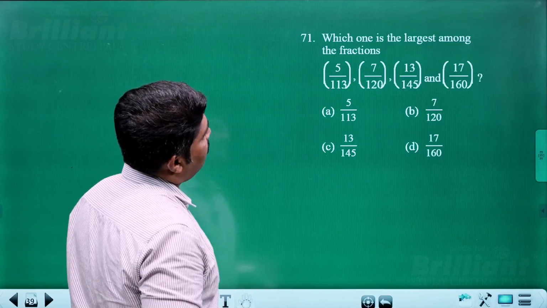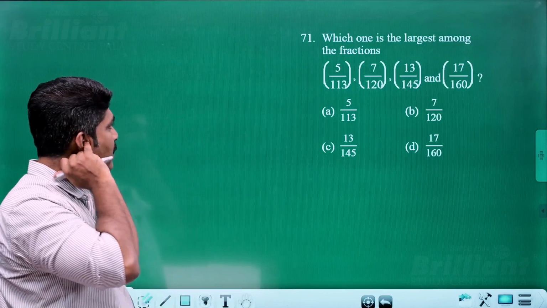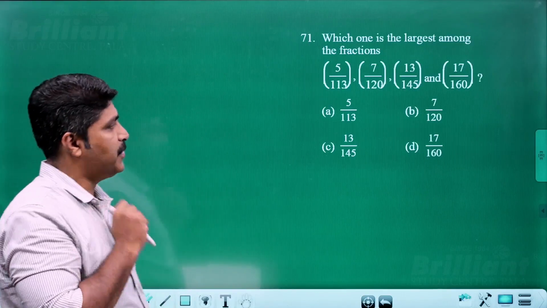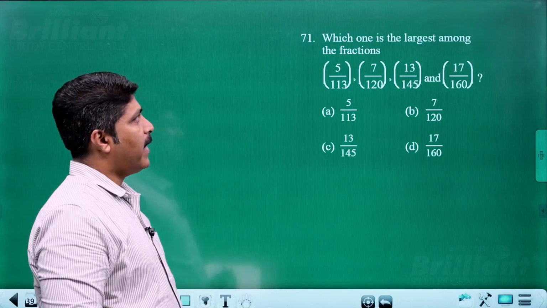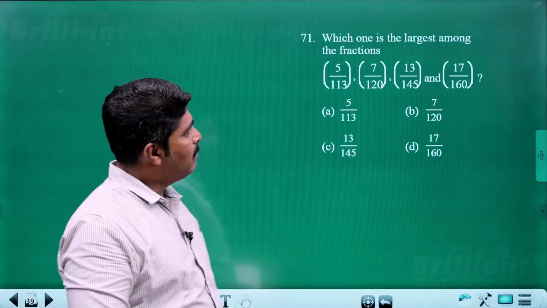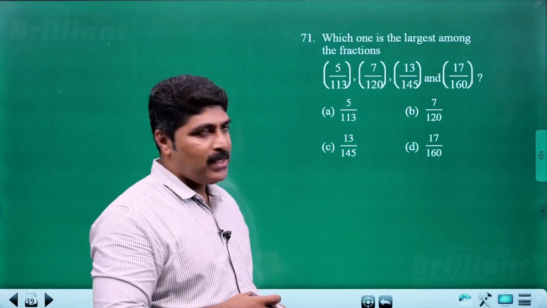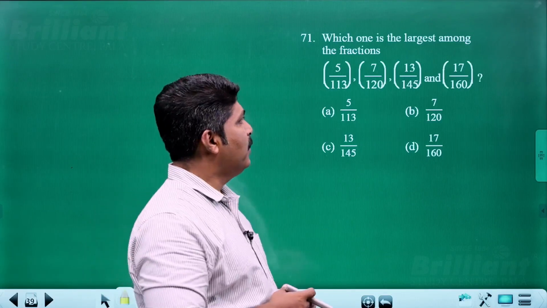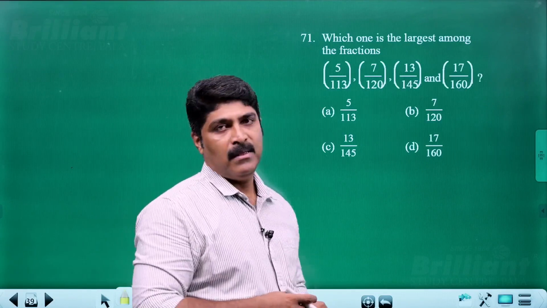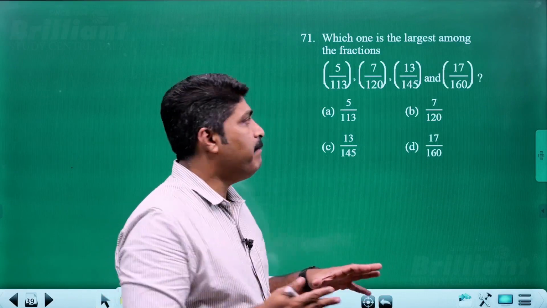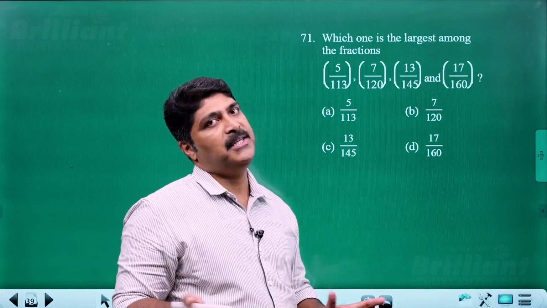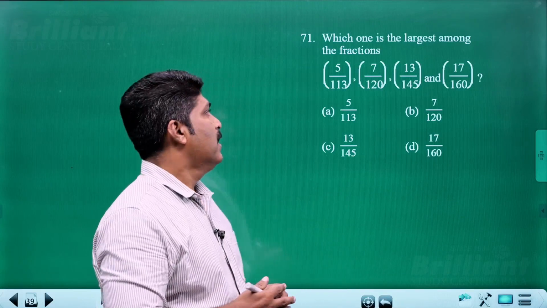There's another question: which one is the largest among these fractions? Look at the fractions; are they convenient? No, not at all. So is any tricky approach possible for these questions? Sometimes if there is any peculiarity, that means any common relationship between the fractions, then we can apply it.